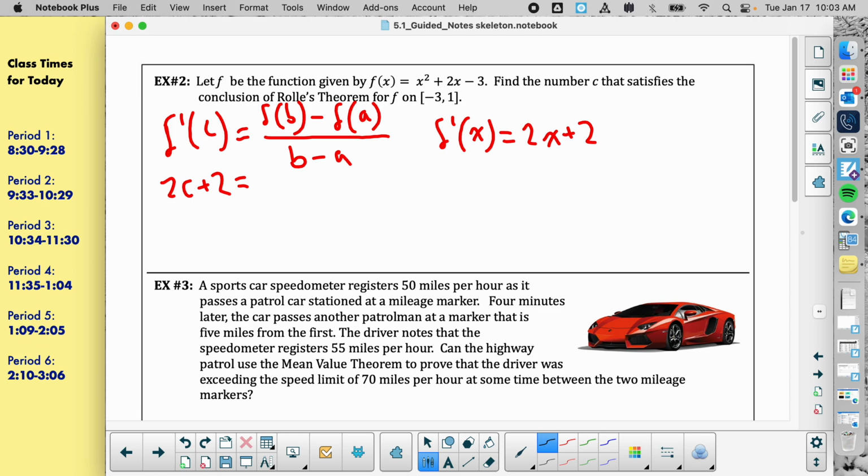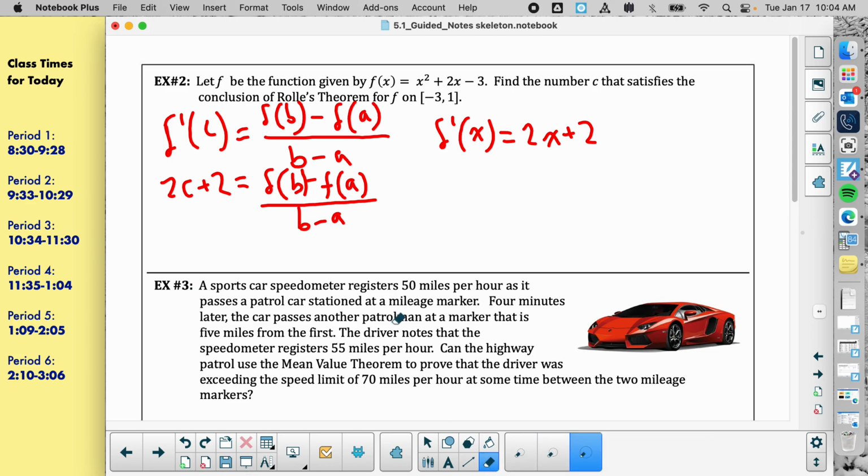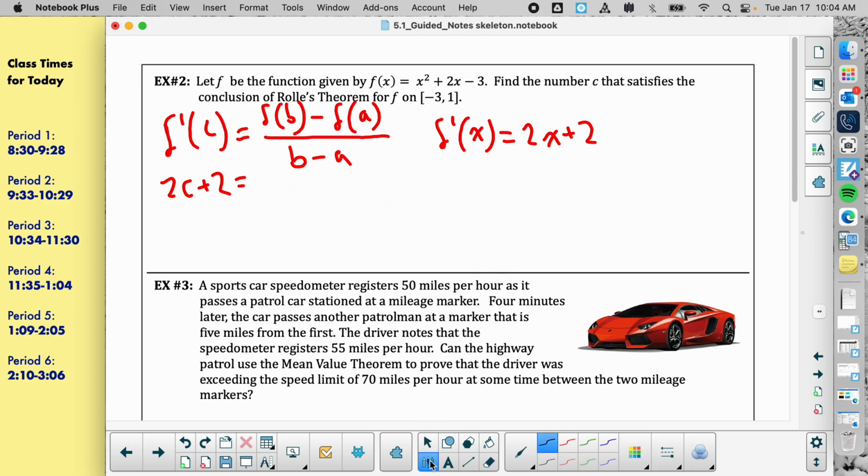What are we supposed to write on the right-hand side of the equation? We're kind of running out of space, but there's nothing wrong with what you wrote, we just don't have enough space. What should we be putting here?